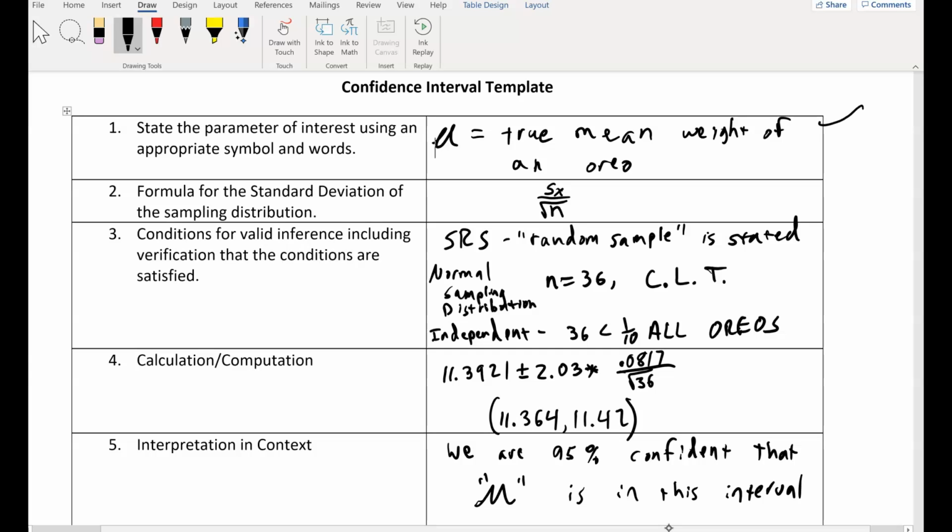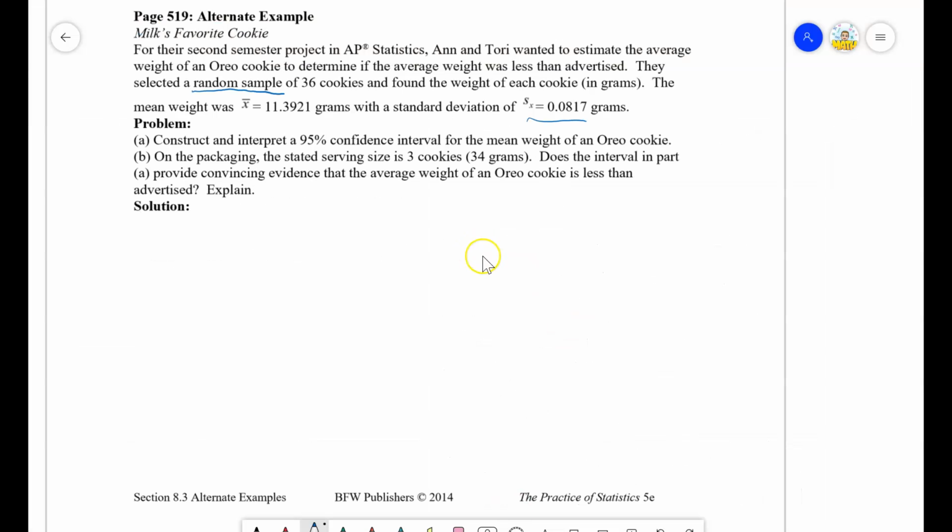And I already said what mu was up here, so I don't have to restate it. I'm giving my interpretation in context. So let's remember what that interval is, or I'll bring it back up on the next screen because that's going to be key to it.